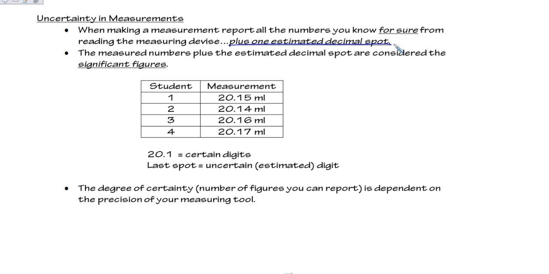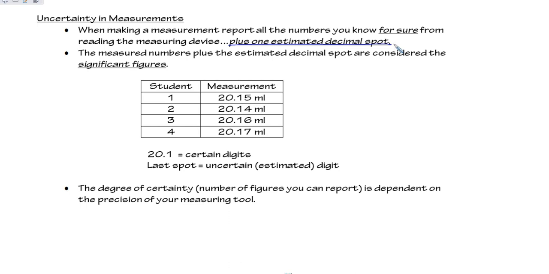The last spot tells me that, okay, it was a little bit higher, and it ranges from maybe about 20.15 to 20.17. That last spot is important, and I promise I won't ever mark it wrong as long as you take that estimate. If you don't, if you just leave it as 20.1, that tells me that you were uncertain about the 0.1.